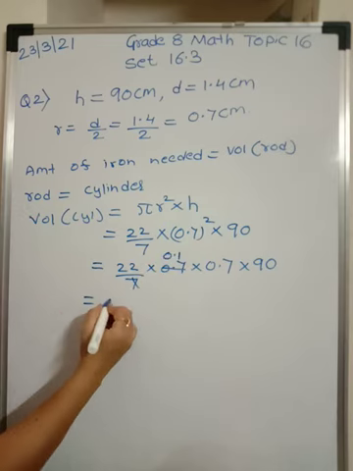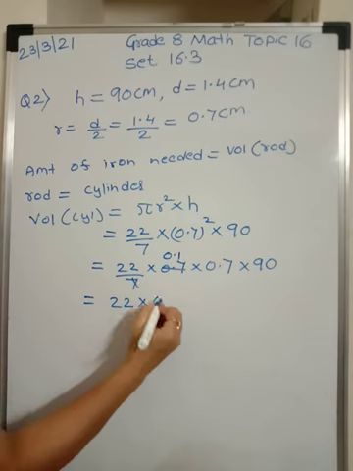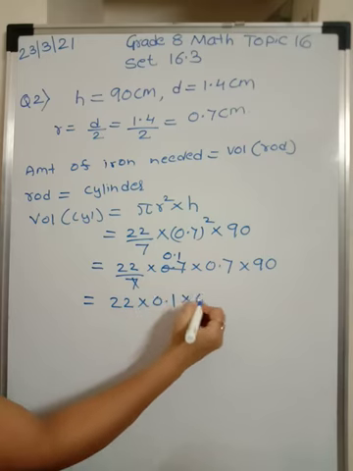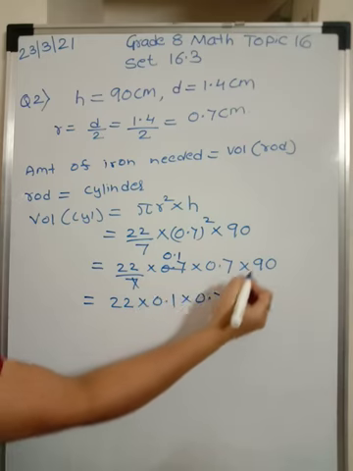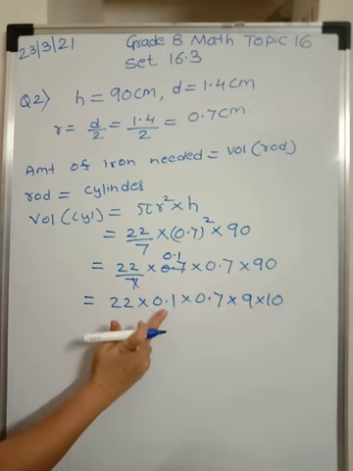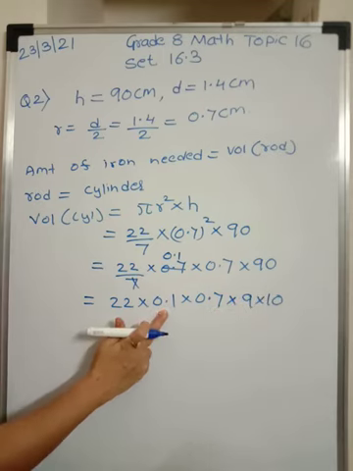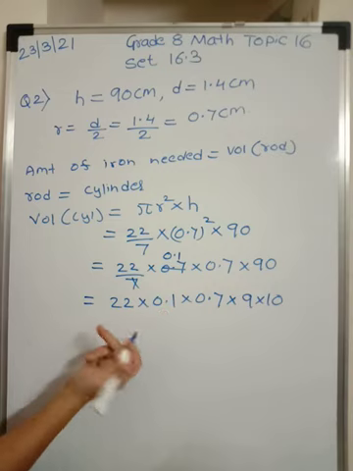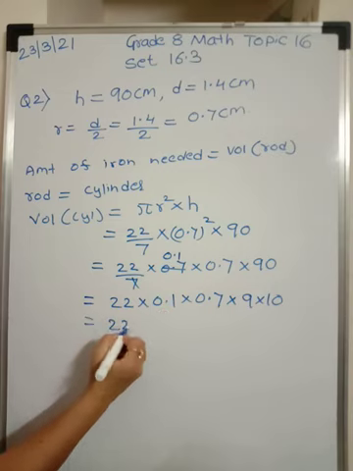So we are left with 22 into 0.1 into 0.7 into 90, which can be written as 9 into 10. So by 10, if I am multiplying with 0.1 into 10 is 1. Okay, so we are left with 22.